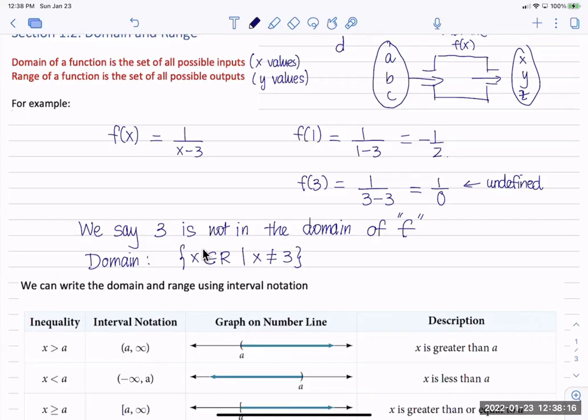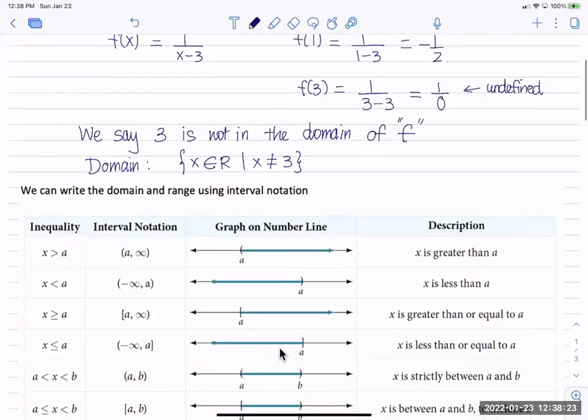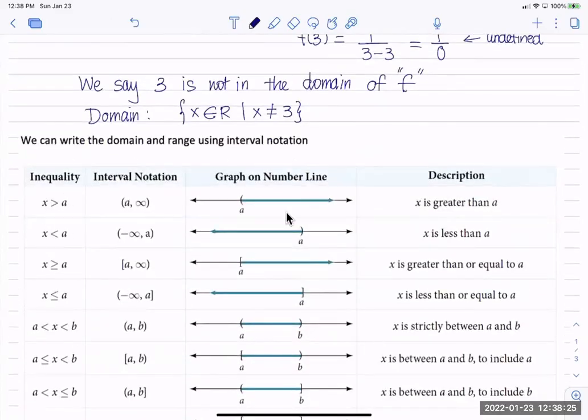You can also graph this on the number line and write the interval notation like the one below. Here are several examples introducing interval notation for inequalities. Sometimes it's just on the right side and sometimes on the left side.